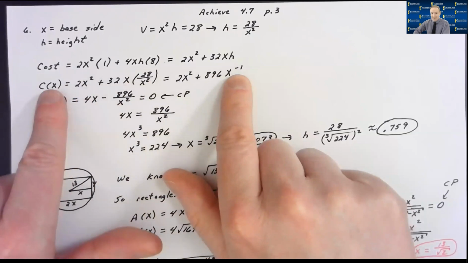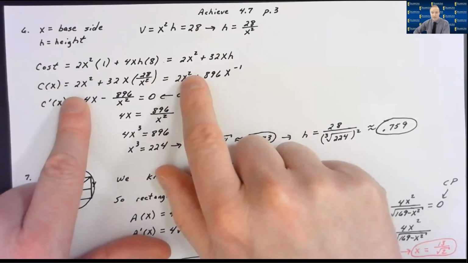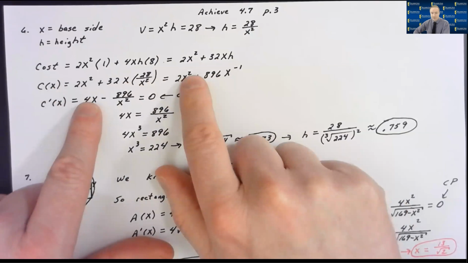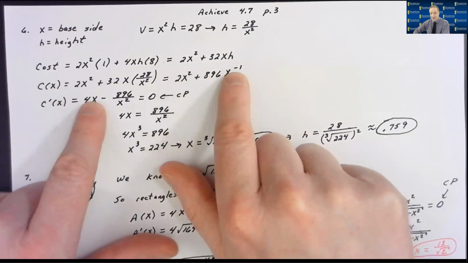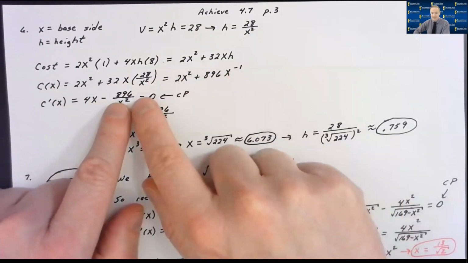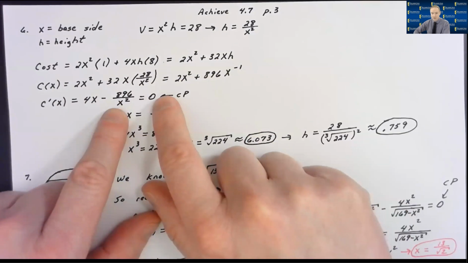Now I should be able to find when this cost function is minimized if I take the derivative and set it equal to 0. That's what I do. I take the derivative. The first term gives me 4x. The second term is going to give me minus 896x to the negative 2, which I write as minus 896 over x squared. We set that equal to 0.